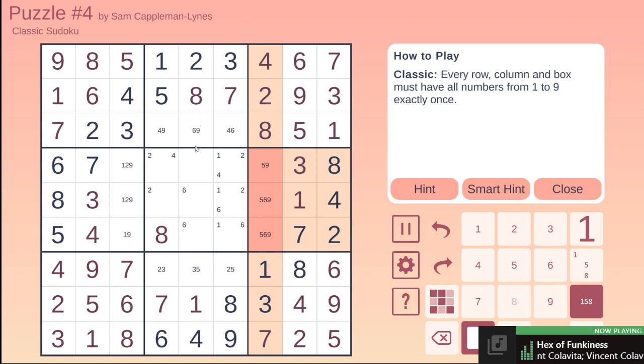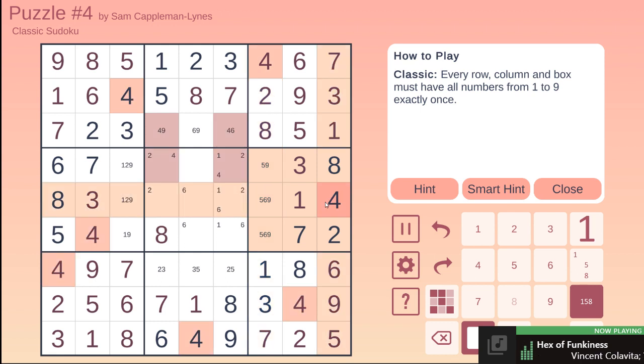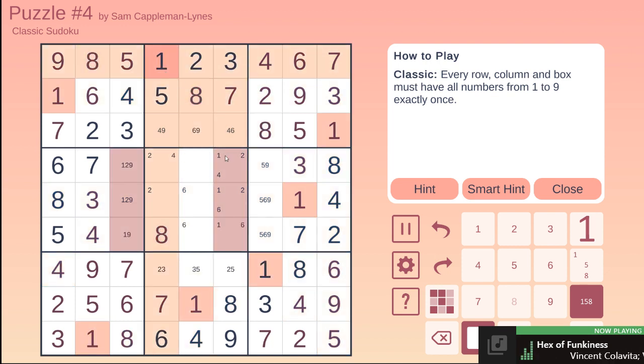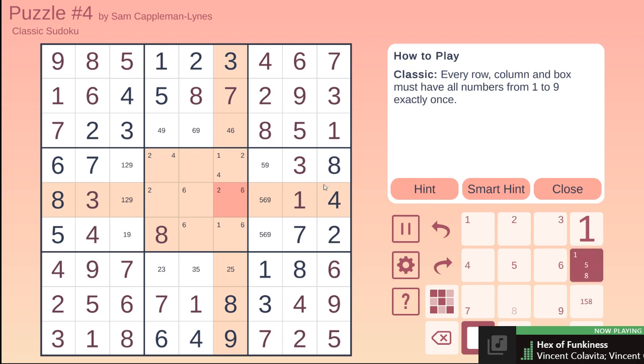Well, there have to be some pretty restricted numbers now, like a 4. Look at a 4. 4 has to be here or here. Right. What about an 8? An 8's already in there, obviously. A 1 cannot be here anymore. That takes that out.